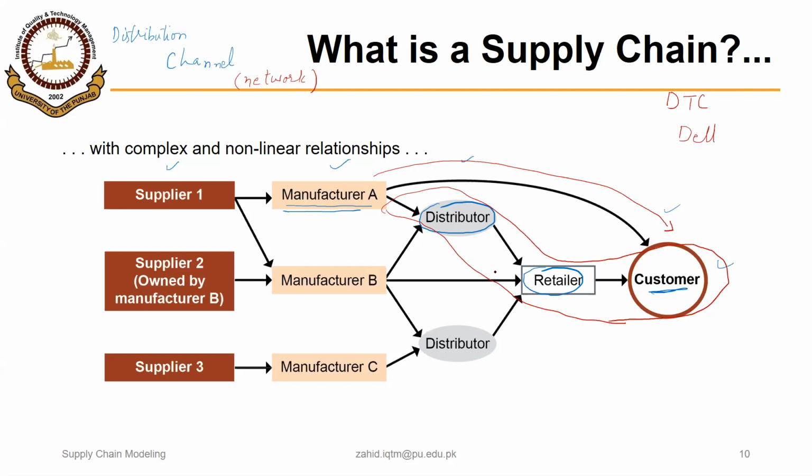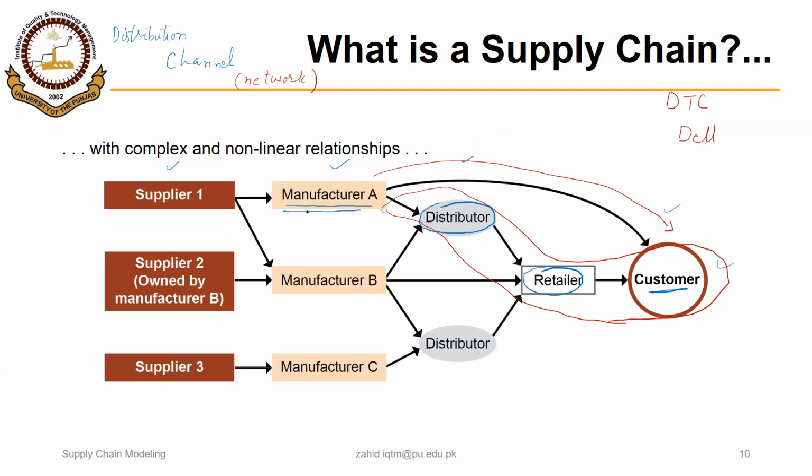It had distributors and maybe retailers as well. So it was simply not supplying directly to the customer. And then it moved to direct delivery to the customer, or direct to customer, and that actually helped Dell a lot in becoming the number one supplier of computers all over the world. So we will discuss that case study in some detail as well.